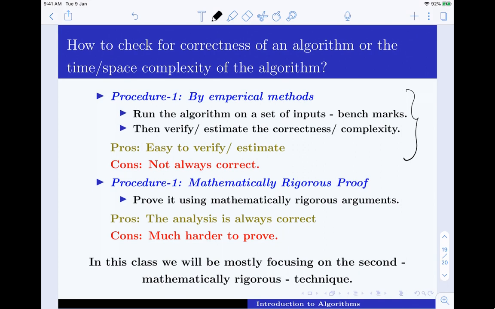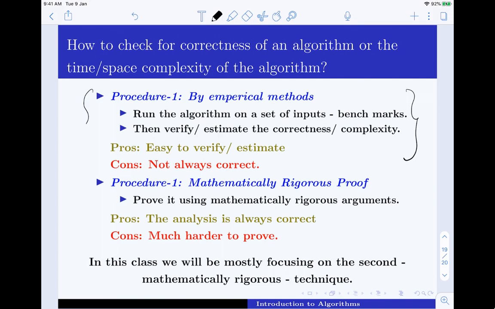Now, this way of understanding the correctness of an algorithm is very common nowadays, particularly in machine learning literature, where many of the techniques or algorithms are so complicated that coming up with a formal proof of correctness or a formal proof of runtime is hard.